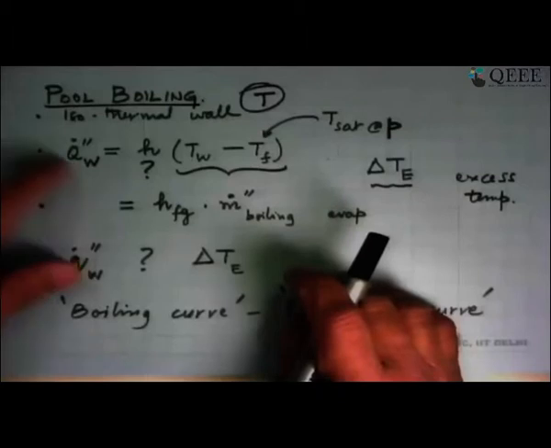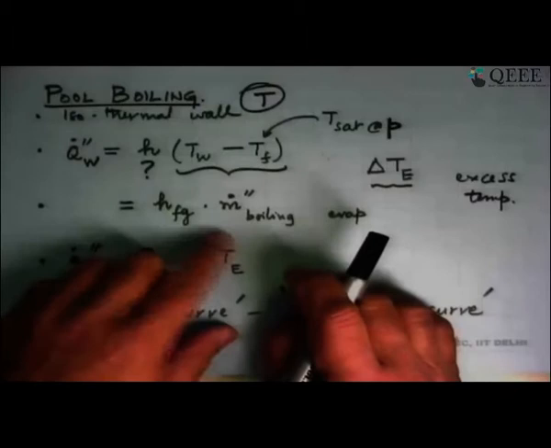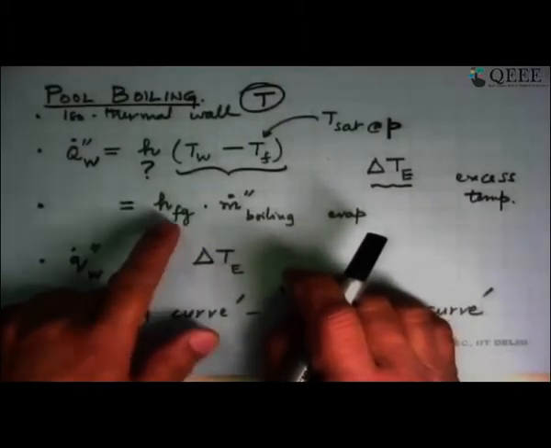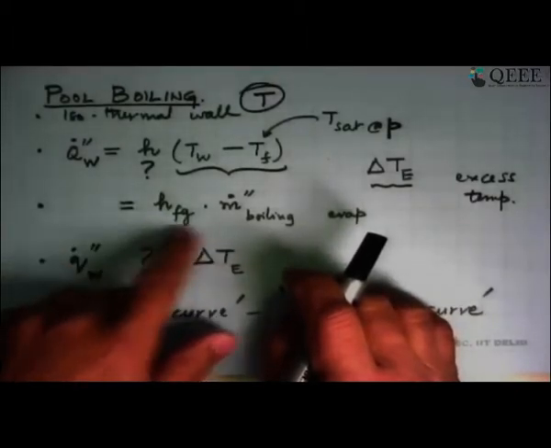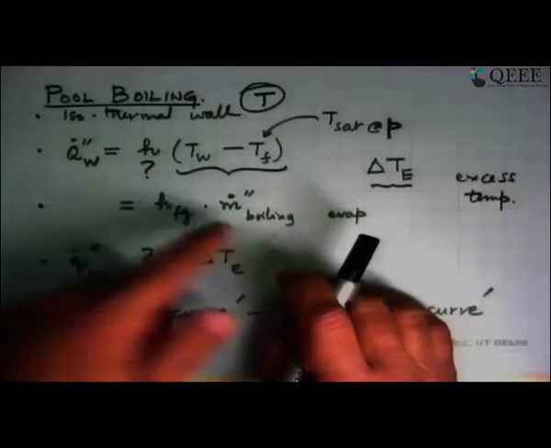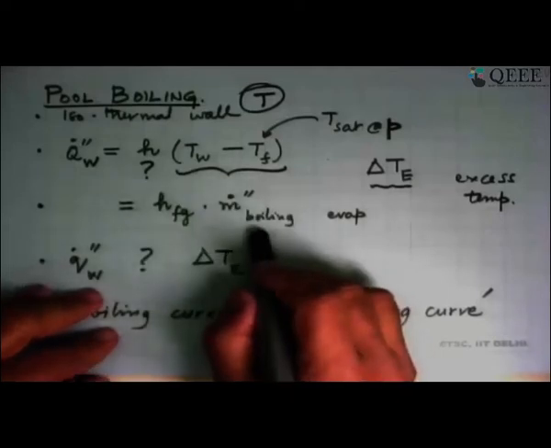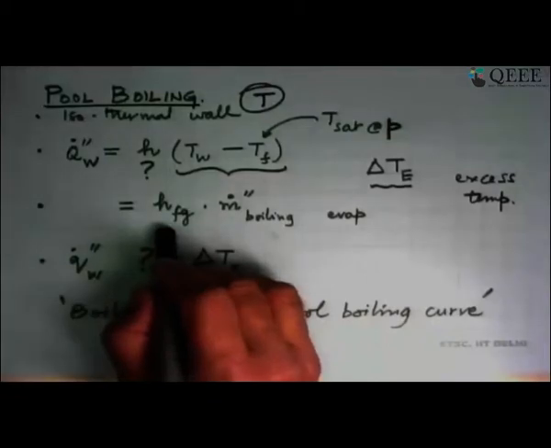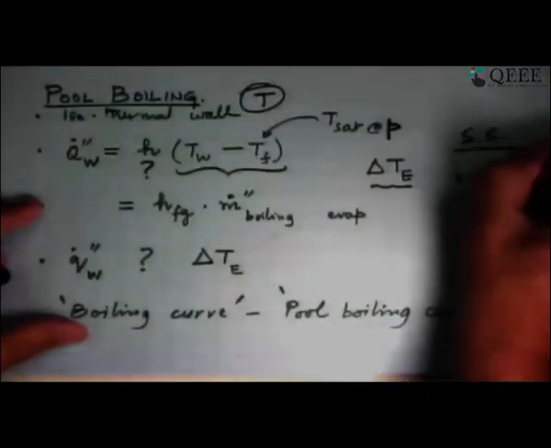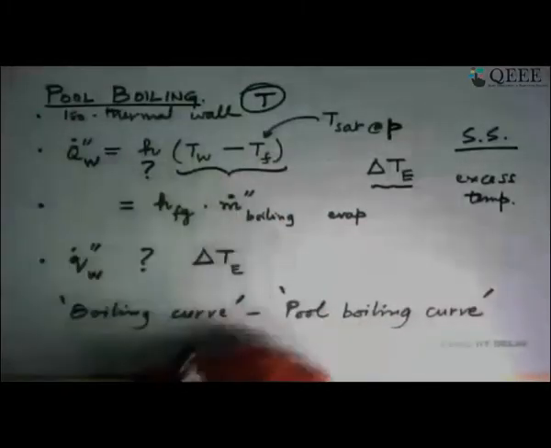The accompanying part is that this also has to be equal to the energy taken away from a thermodynamic perspective, which is h_fg, the specific enthalpy of evaporation, multiplied by the mass flux of liquid going into vapor, which we call the mass flux of boiling. So m dot double prime in boiling multiplied by the specific enthalpy of evaporation is the heat transfer rate coming from the wall, and this automatically assumes that overall the whole system is in steady state.